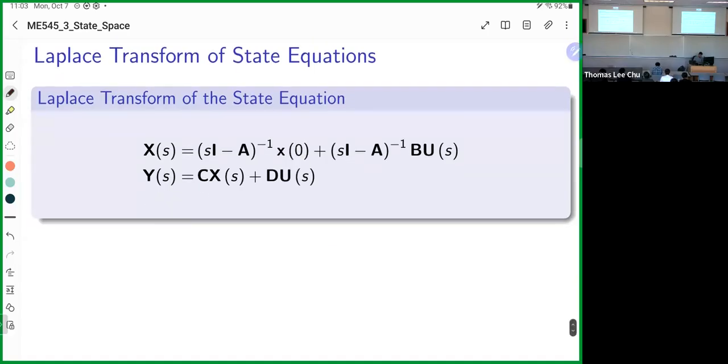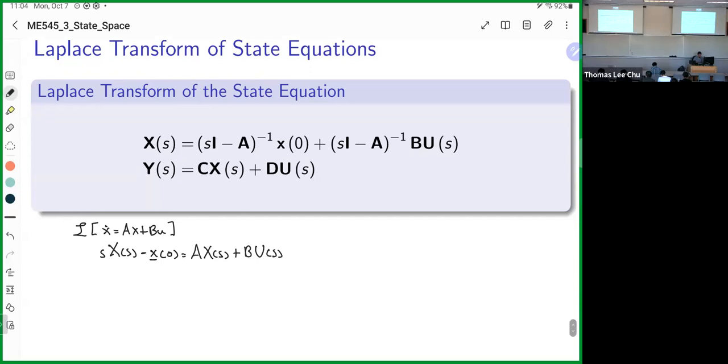So basically what they did here was they did the Laplace transform of x dot is equal to ax plus bu. Then the Laplace transform of the derivative of x is going to be s times x of s minus our x vector at time equal to 0, is equal to a times x of s plus b times u of s.